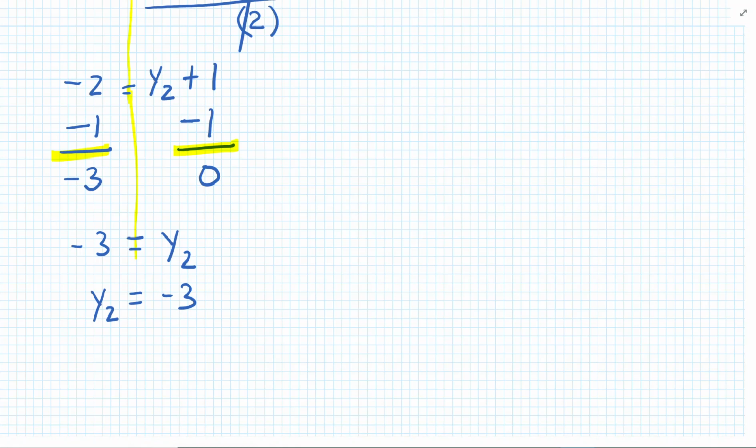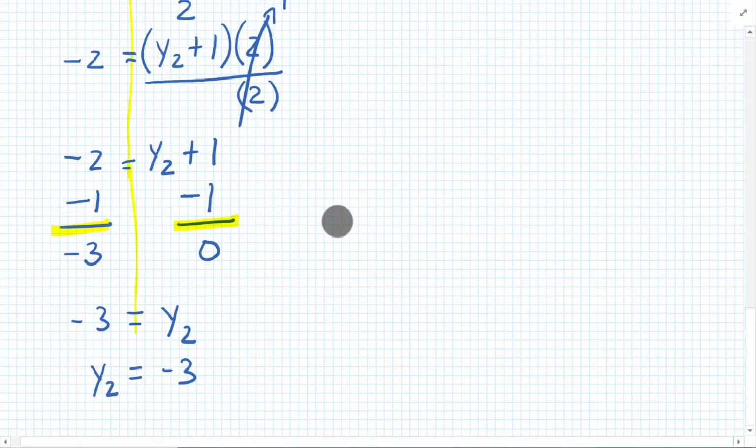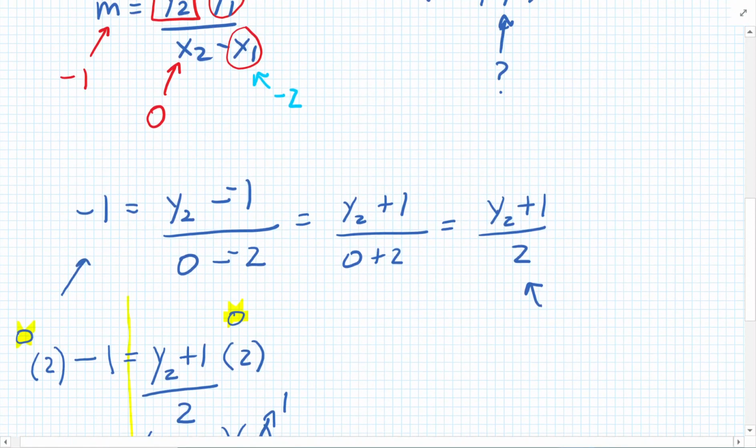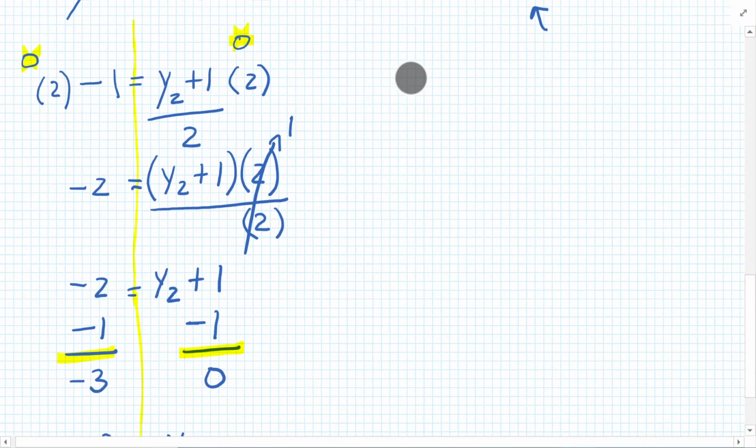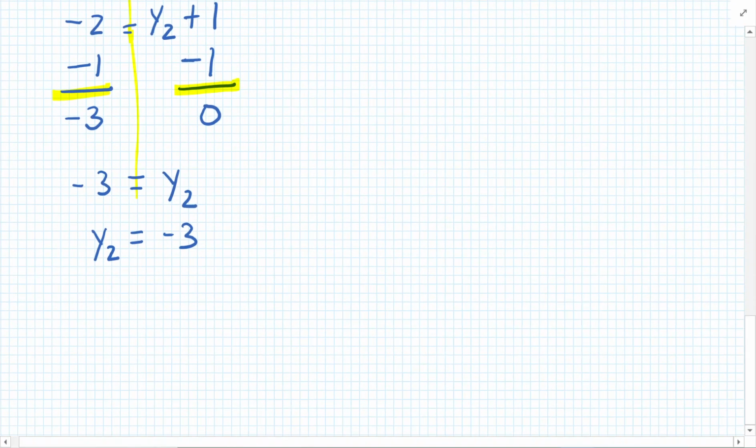So we found the value of y2 when, remember, x of 2 is 0. So with that said, we know the coordinate form is 0, comma, -3. This is the y-intercept.